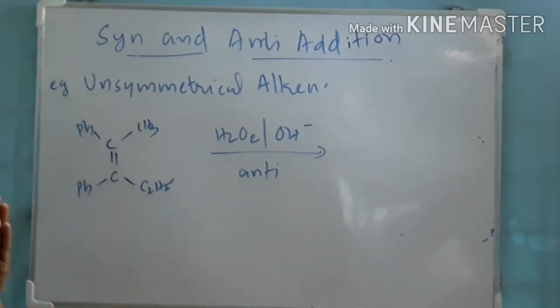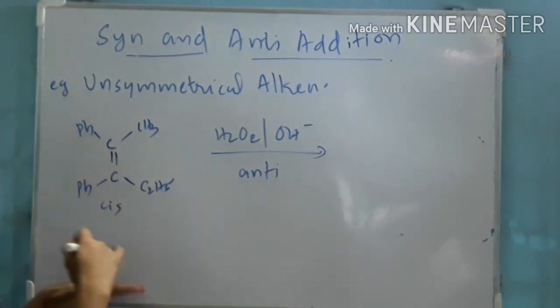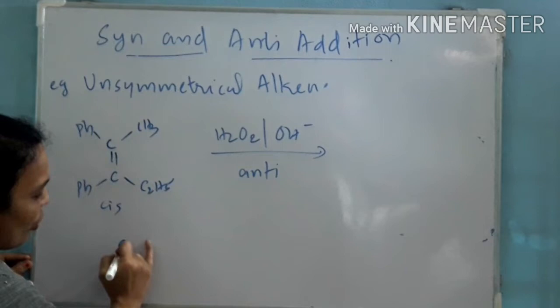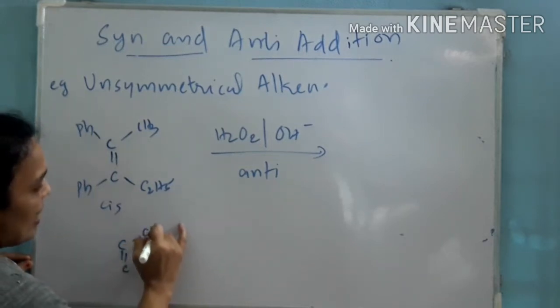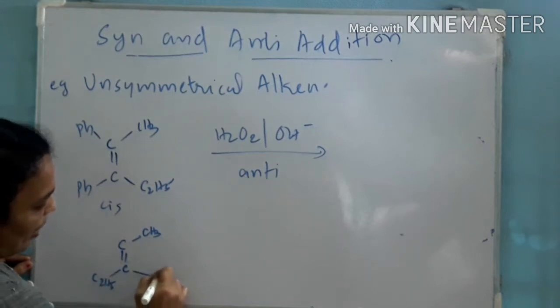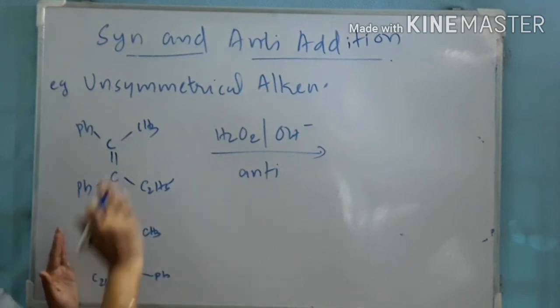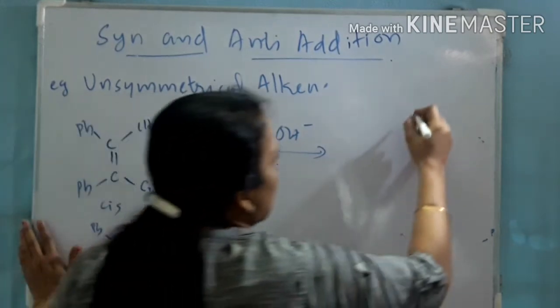That means, this is a cis isomer, draw the trans isomer of this one. So what we have, CH3, C2H5, Ph. This is a trans isomer. And draw the Fischer projection for this trans isomer.